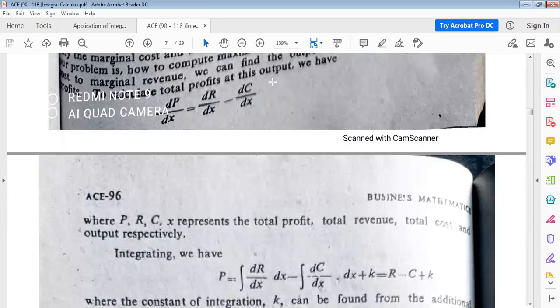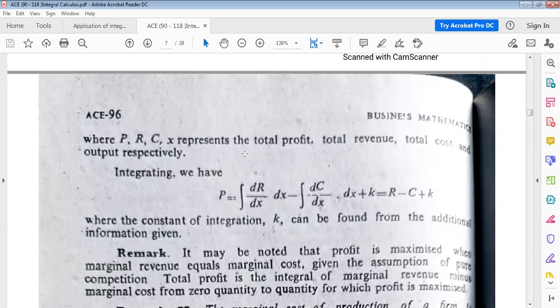Now if we take integration on both sides, taking anti-derivatives, this will give the profit. Integrating marginal revenue and marginal cost on both sides, we get R minus C plus a constant. R means total revenue, and C is total cost. This is the integral constant.